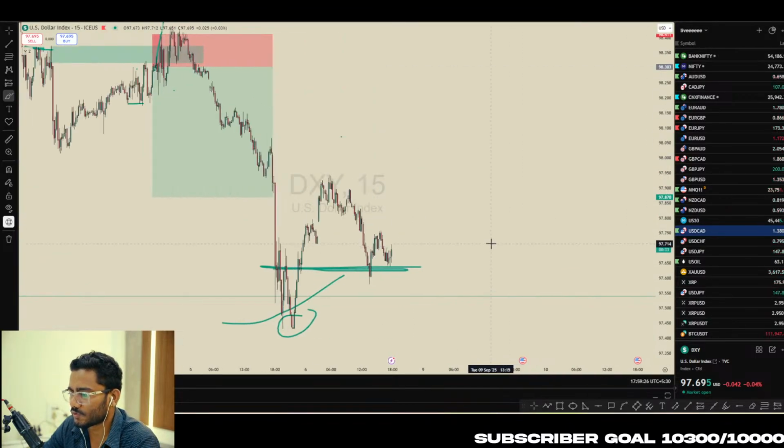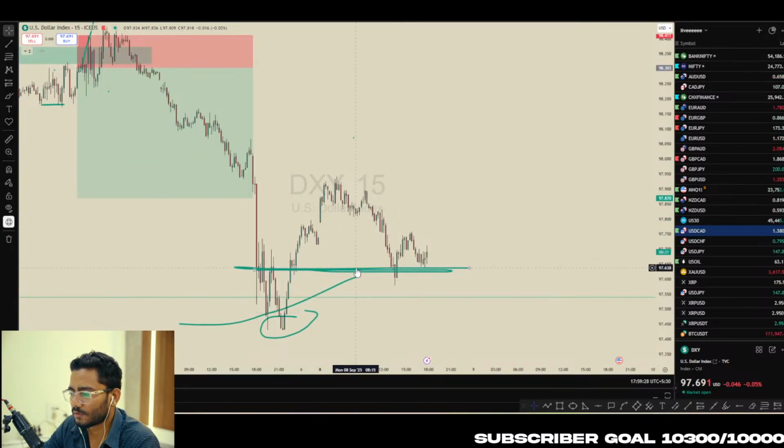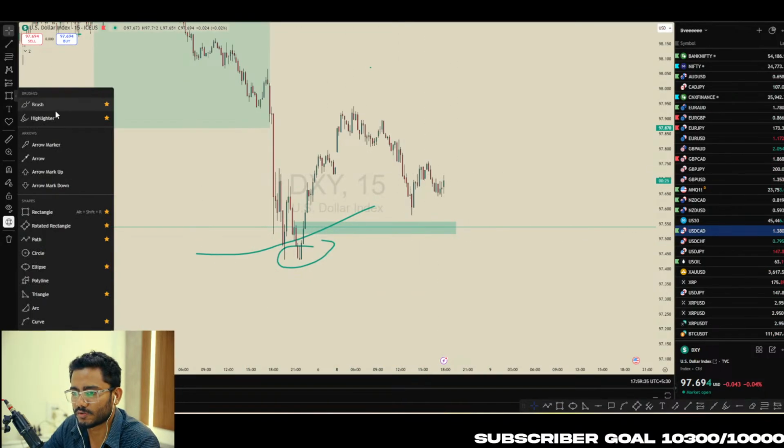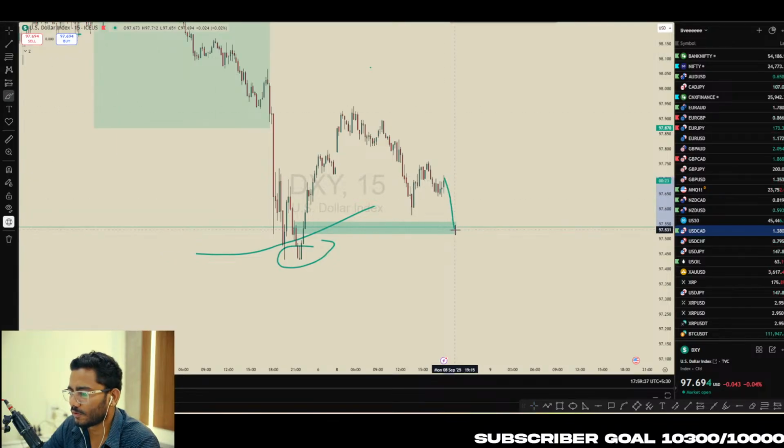Let's see what structure is doing. Okay, the order block, the breaker block is over here. So price has not tapped. So it should continue to the downside from here, and then we can expect a move to the upside.